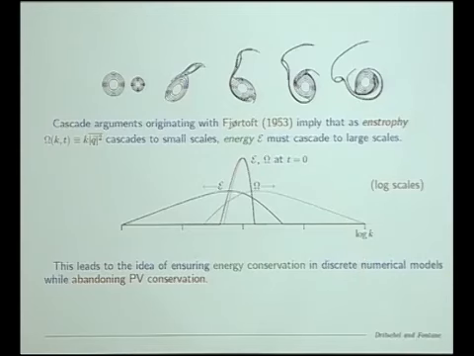And this picture makes it pretty clear that at high wave number, entropy escapes to small scales, in fact probably at an exponential rate, and therefore there's no hope of ever capturing all the entropy in the model.